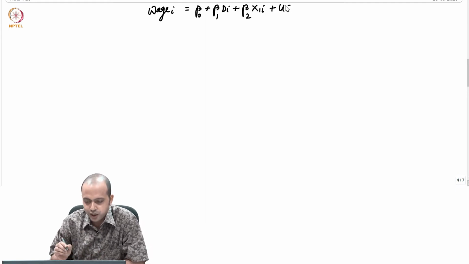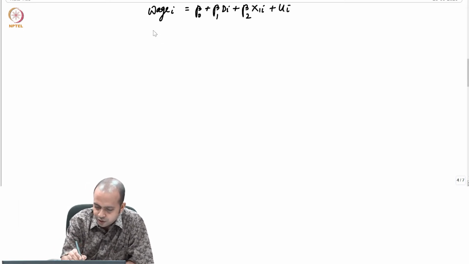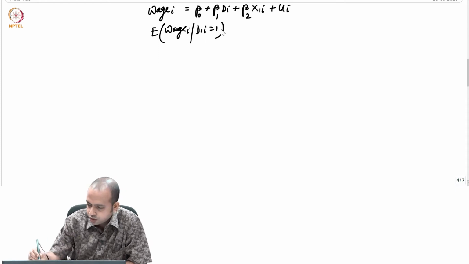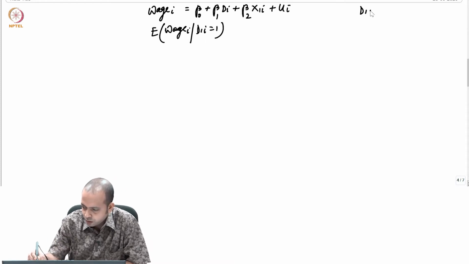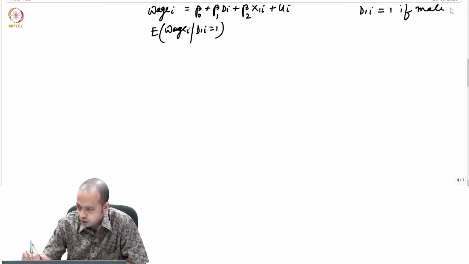This is your model, and then you have derived the interpretation in this way: expectation of wage_i given d1_i equals to 1. So, d1_i equals to 1 if male and 0 otherwise.